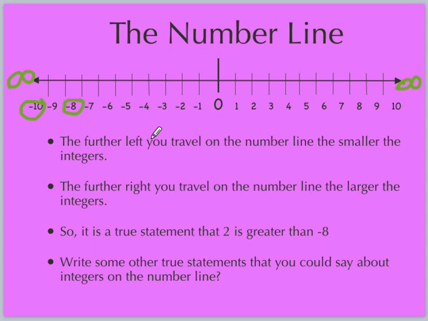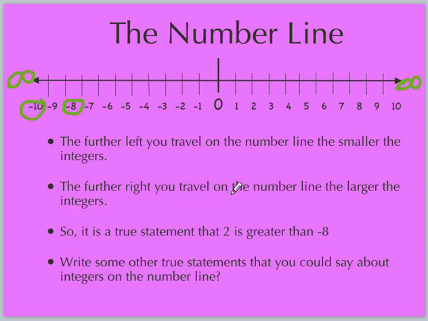What I'm saying about absolute value is how far a number is from zero. So negative 8 is closer to 0 than negative 10, therefore negative 8 has a smaller absolute value, but negative 8 has a bigger integer value than negative 10.